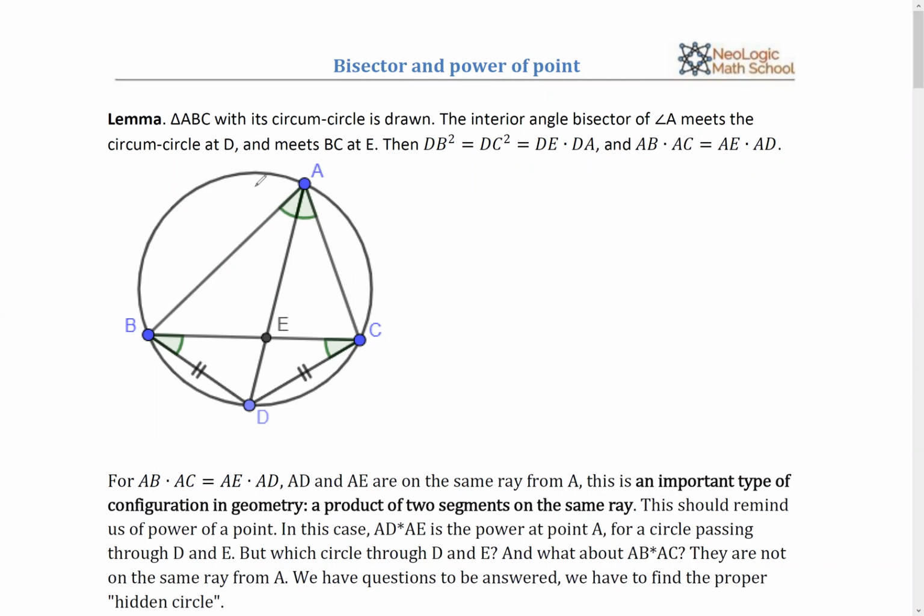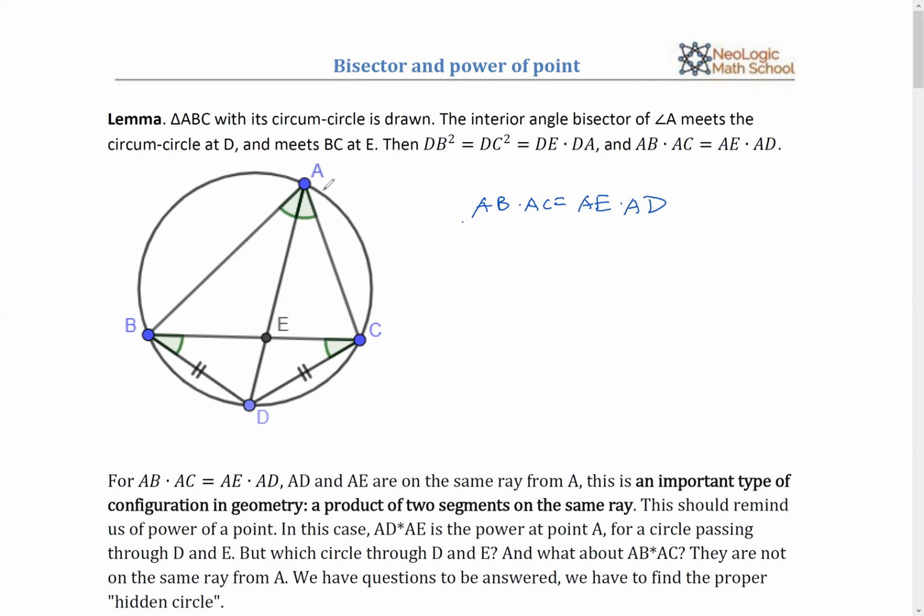So last time we talked about the fact that if you draw an angle bisector, you have AB times AC equal, for example, AE times AD, right? And today we're gonna talk about something that is not quite obvious and something that most other people may not think about.